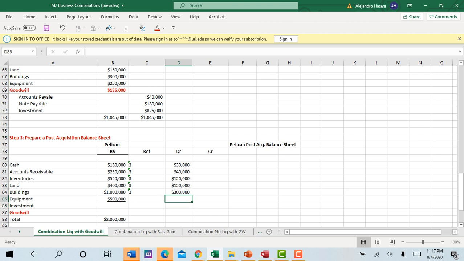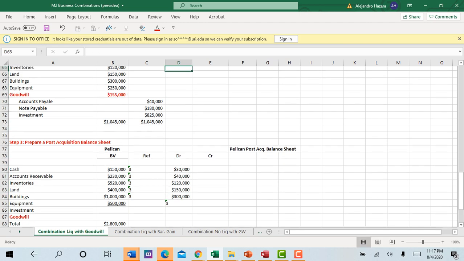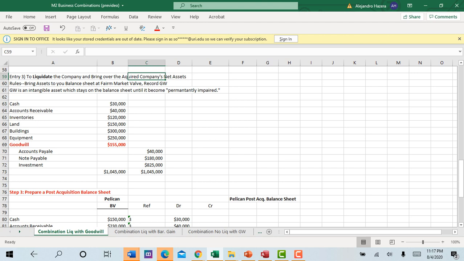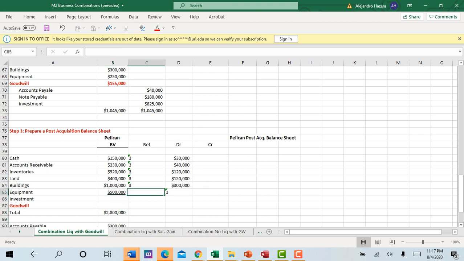I'm bringing over their fair market values. You should notice that. And then there should be a debit to equipment also. These are all from entry number 3. By the way, that's why it says entry 3 right there. Debit to equipment for $250.